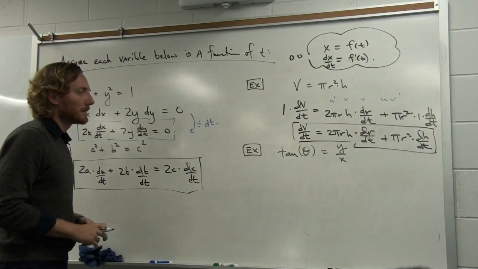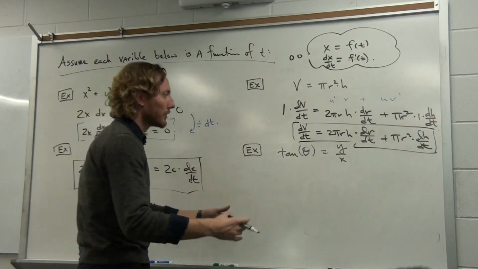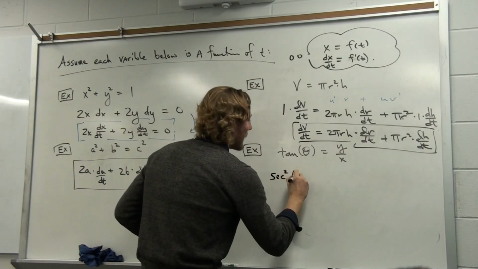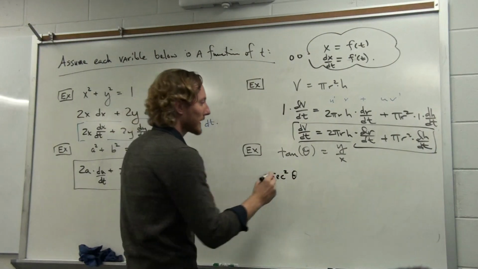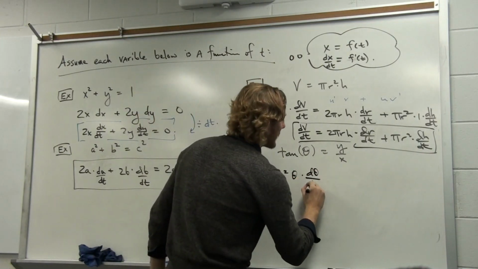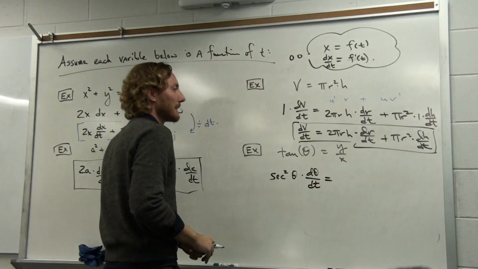Sure. This is just an implicit expression, so you could use your implicit techniques. Derivative of tangent, secant squared. But now, we took a derivative with respect to theta, so we tack on a d theta, but this theta was changing with respect to time, so we further divide by dt.